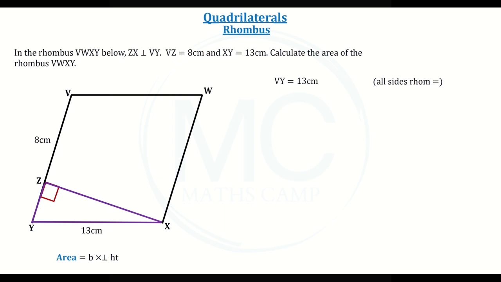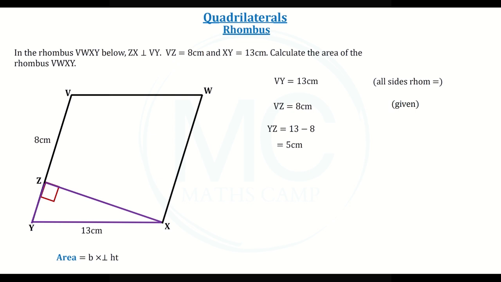We know that VZ is equal to 8 centimeters because this information has been given to us in the question. We also know that VY is 13 centimeters. So to find the section YZ, we can say YZ is equal to the whole length, 13, minus the length of VZ, 8, which gives us a length of 5 centimeters.